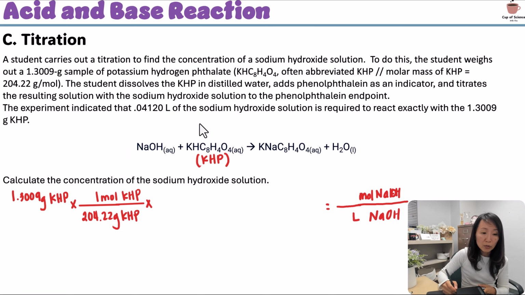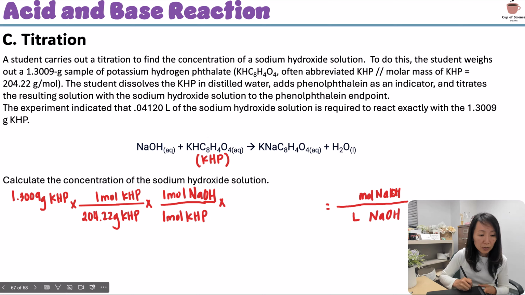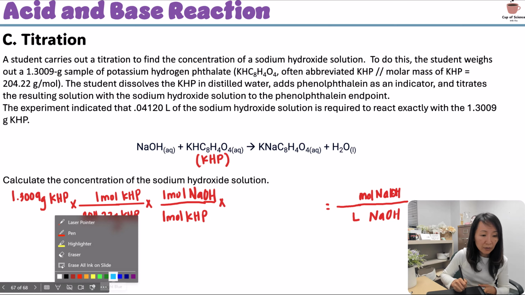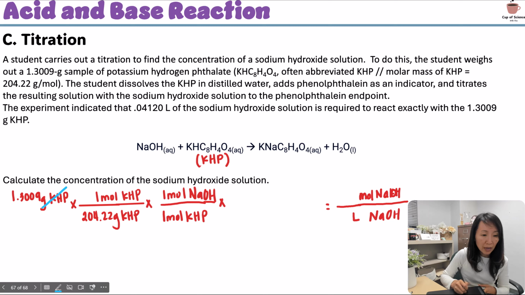Since it's a 1-to-1 ratio, we will write every 1 mole of KHP, there is 1 mole of NaOH. So far we can cancel out the grams of KHP and the moles of KHP.